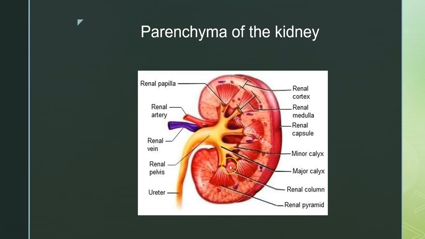A renal column is the spots in between the medullas. And then obviously we have a capsule around the outside of the kidney to hold it all together. And then Gerota's fascia lays right on top of that kidney.